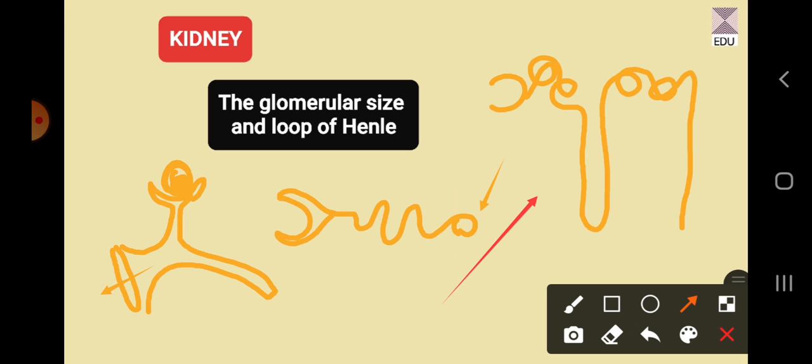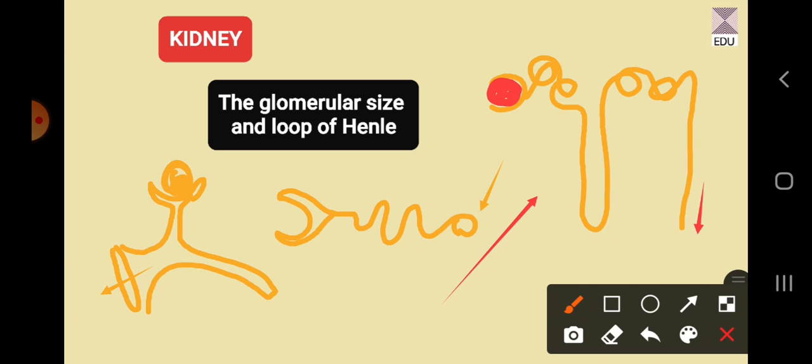It should give out a concentrated urine first of all. Now this urine should be concentrated. For making a concentrated urine, what should be small? The glomerular size should be small. But here the glomerular size is not small and it is quite big.